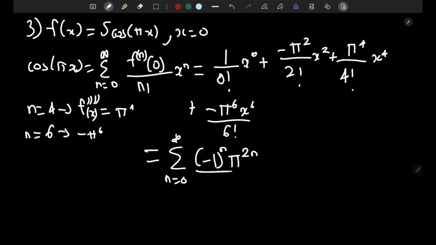And we have the same behavior for the denominator over here. So I'm going to write 2n factorial multiplied by, don't forget the x, x to the power of 2n, and we are done with this question. Oh, there is one last thing. Remember that we took out the 5, so we need to write this series multiplied by 5.